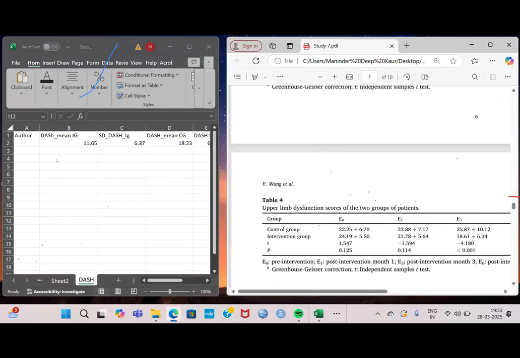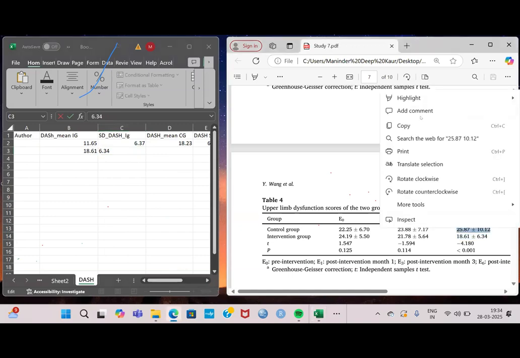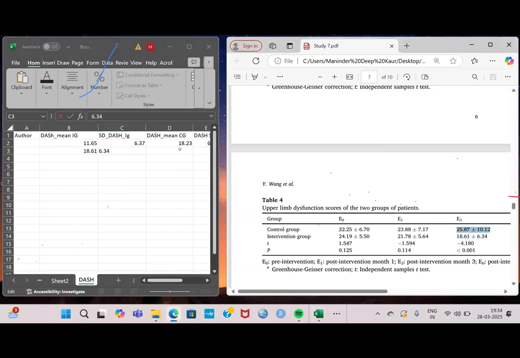First I will enter the intervention first. So intervention group is having 18.61 and 6.31. This is the standard deviation. This is the score in the control group.